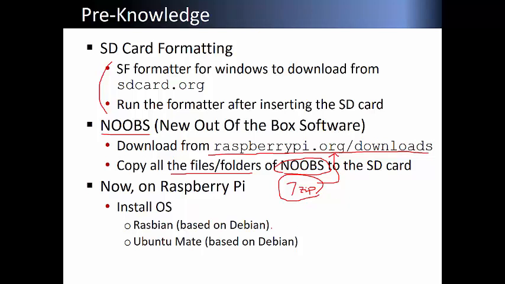Then you are done with your laptop. Now, everything that you need to do is within your Raspberry Pi. You can plug in your Raspberry Pi, then you can install Raspbian. By default, you can see Raspbian.